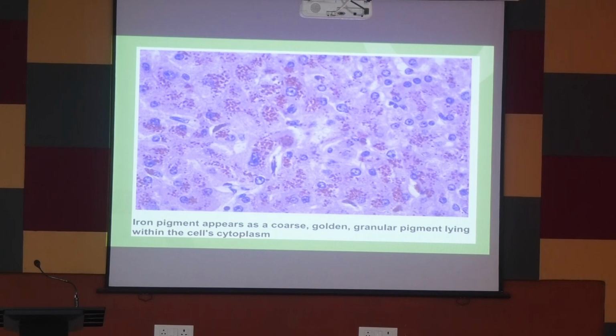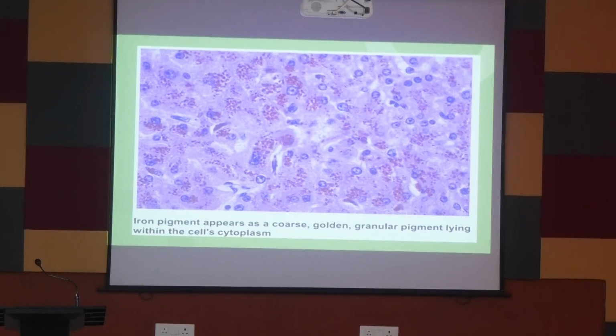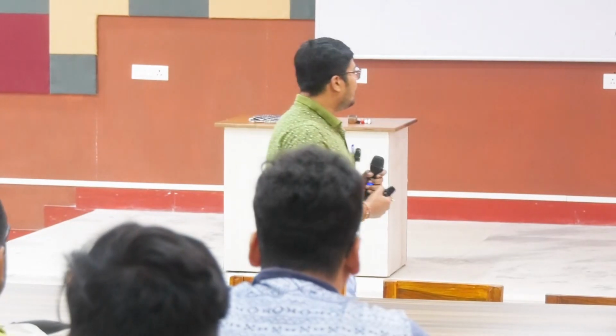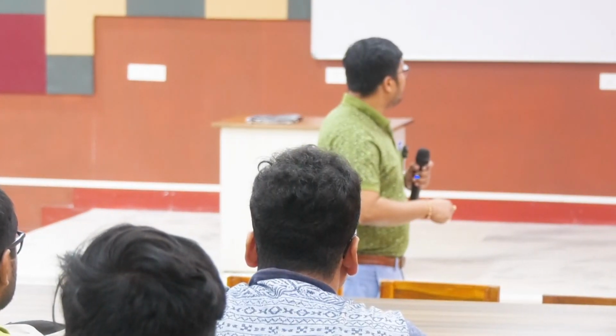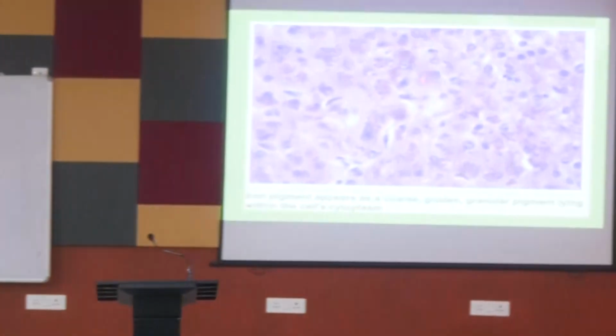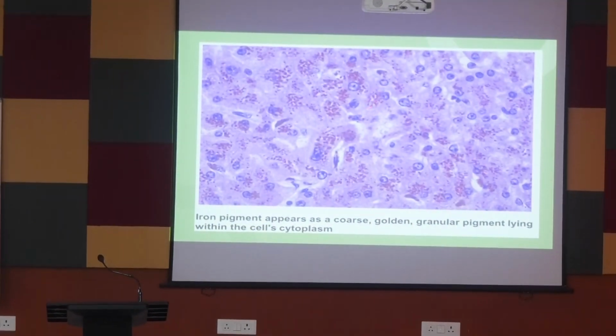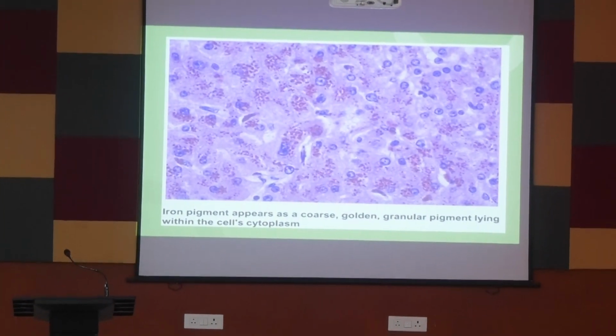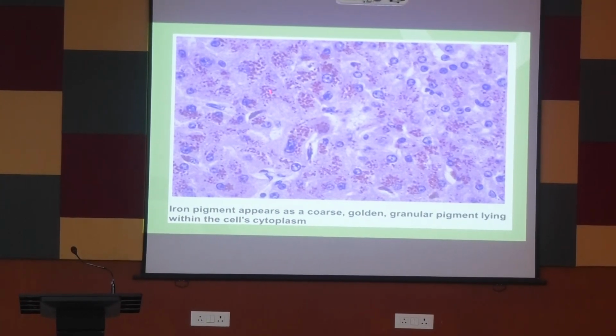Any pigment has the most affinity to deposit in the liver for our own homeostasis purpose. As long as the liver can take it up, it will not cause much trouble. When the liver's capacity gradually moves from reversible to irreversible, then my problems will start. So these are hepatocytes, the nucleus of the hepatocytes and the cytoplasm are loaded with iron pigment, appearing as coarse golden granular pigment lying within the cell cytoplasm.